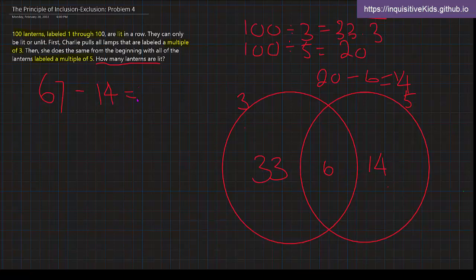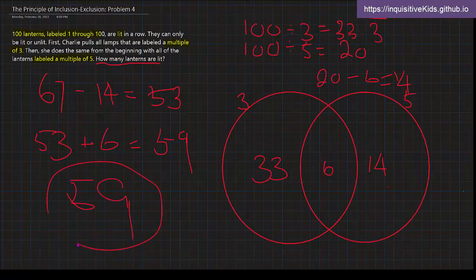So 14 less than that will be 53. So now 53 lights are still lit. But remember, there were 6 lights that were pulled twice, so to 53 we add 6, which is 59. So in the end, 59 lanterns remain lit.